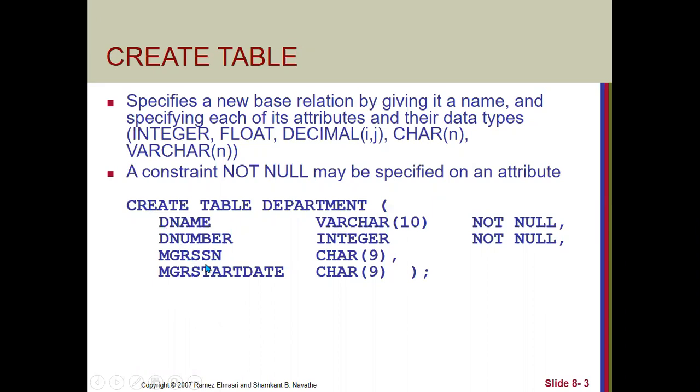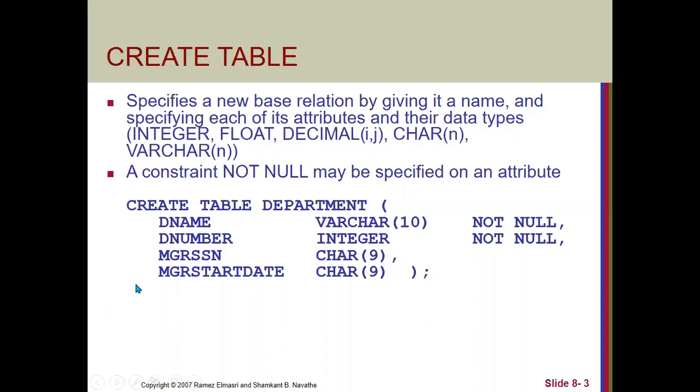So when you insert a tuple into the department, you should make sure that in the employee relation the same social security number exists, because of the foreign key. This is referential integrity.